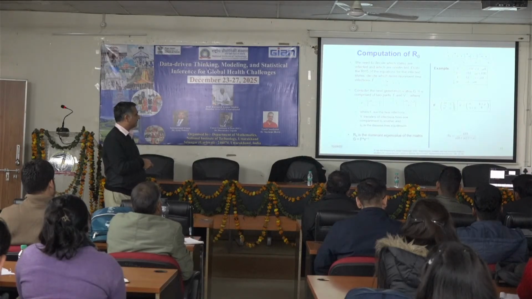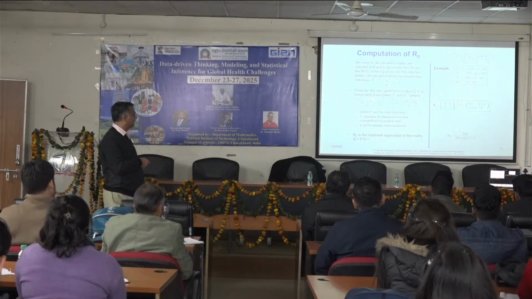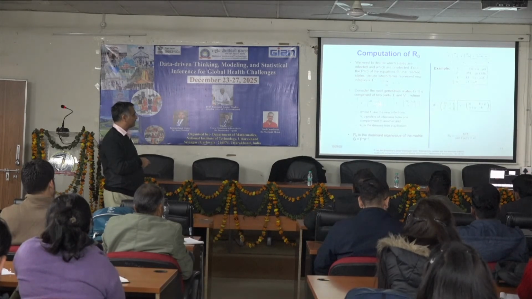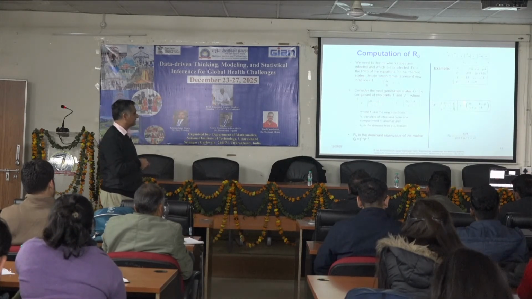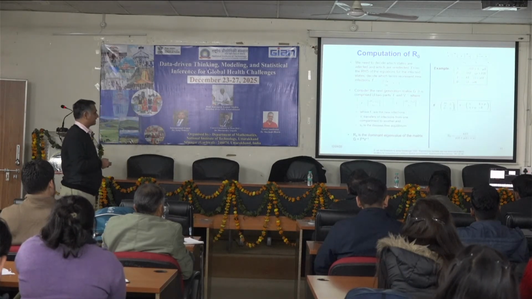So R naught is computed by taking the product with a V inverse. By the way, before that, you are taking partial derivatives of these equations with respect to E and I, at x0, which stands for the disease-free equilibrium, which is 0, 0 in this case.